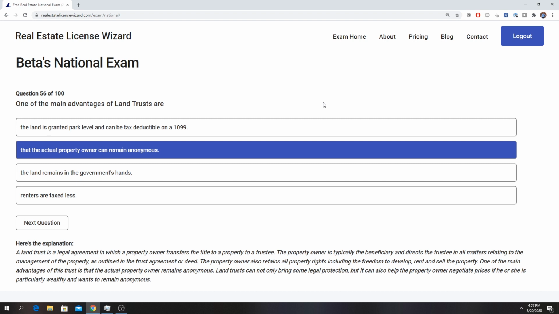So we went on a little bit of a tangent there, but I think that's relevant to this question because that is one of the biggest, if not the biggest, advantage of a trust: the property owner, or I'm sorry, the beneficiary, can remain anonymous.